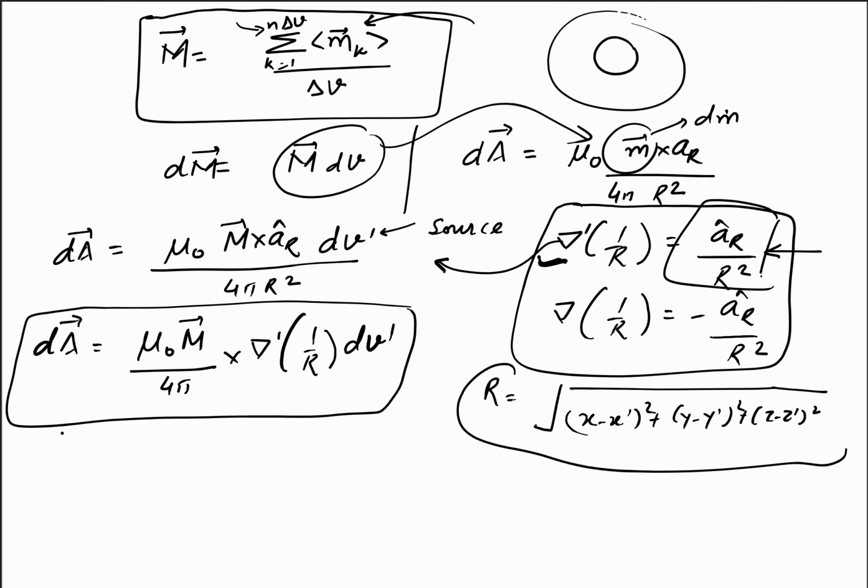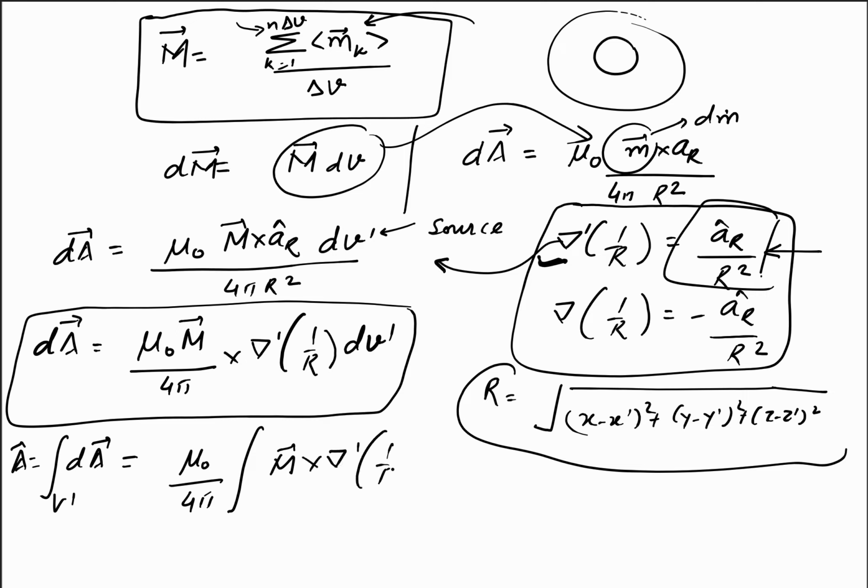So the total vector potential due to all the dipoles in the magnetized body is A equal to the integral of dA over the whole magnetized volume, equal to mu naught upon 4 pi, which is a constant so I have taken it out of the integral, M cross del dash 1 by R dv dash, where the integral is over the whole source volume, that is the magnetized material, which we are now representing as consisting of small magnetic dipoles.